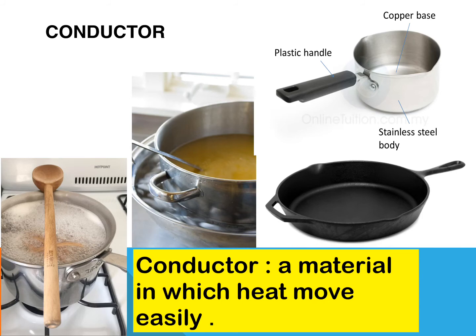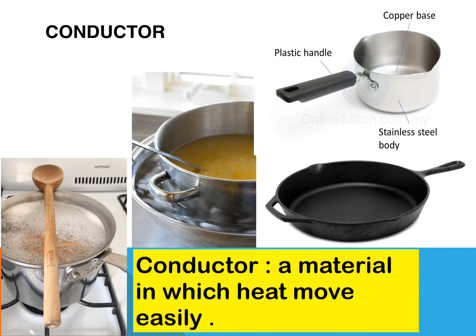So let's answer a question together. What is a conductor? A conductor is a material in which heat moves easily. Which kind of material can heat move easily through? Well, those materials are copper, aluminum, and iron.